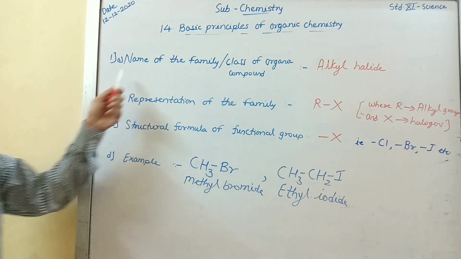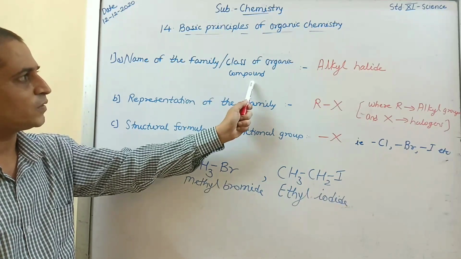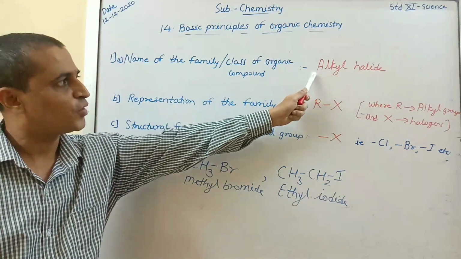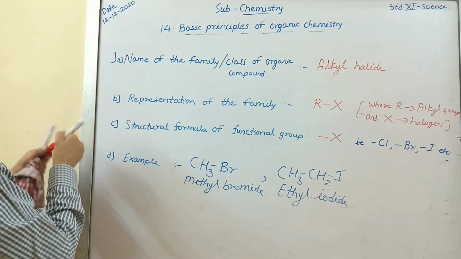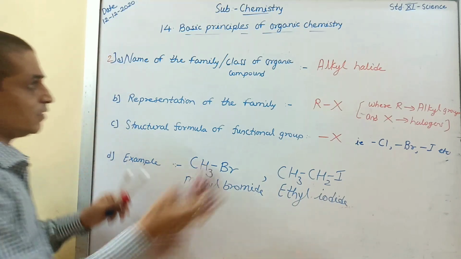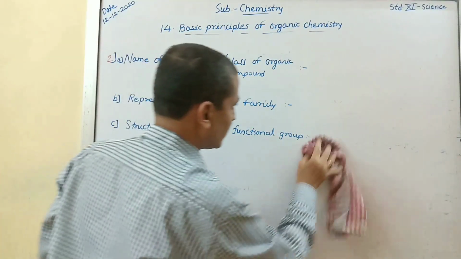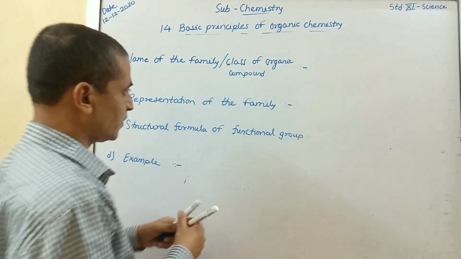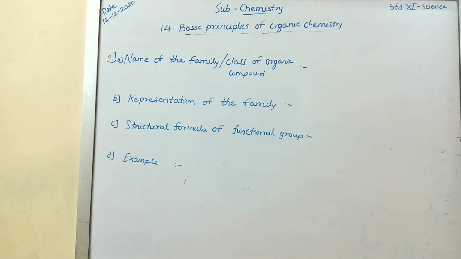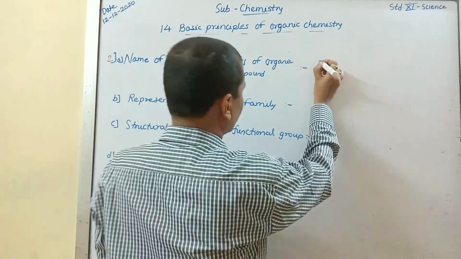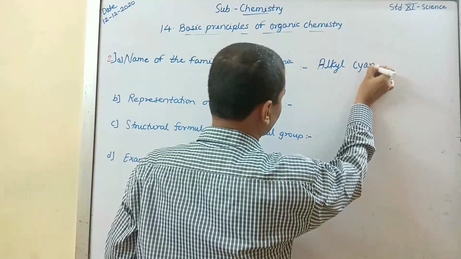Okay, this is the first class of organic compounds according to functional group. I hope you understood this first. Now come to the second. The second group is alkyl cyanide.